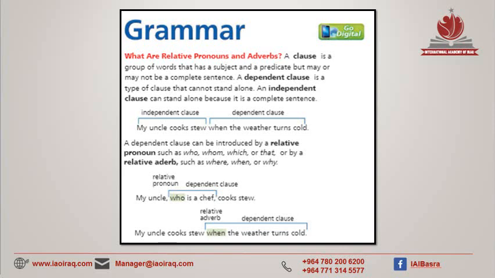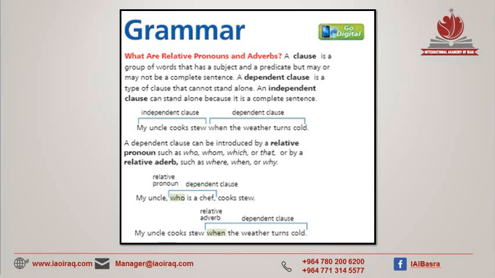So grammar, what are relative pronouns and adverbs? A clause is a group of words that has a subject and a predicate, but may or may not be a complete sentence. A dependent clause is a type of clause that cannot stand alone. An independent clause can stand alone because it is a complete sentence.